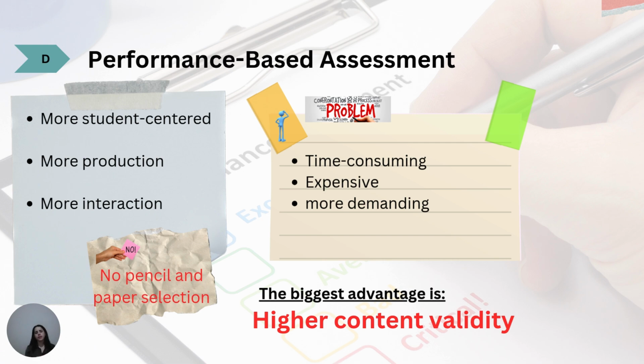And performance-based assessment should be more interactive, with the teacher, with others, with your classmates, with the other test takers. By the way, test takers are your students, or the ones who take the exam.